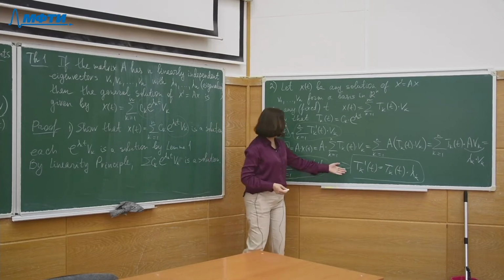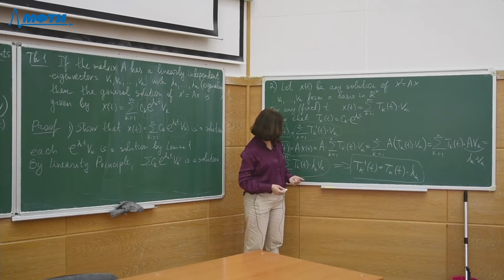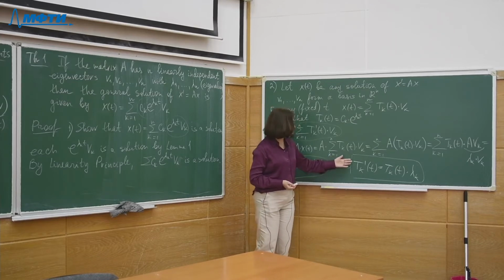If we solve this equation, we will obtain tk. We know how to solve this, because this is a scalar differential equation, and the variables can be separated. So we are trying to solve this.